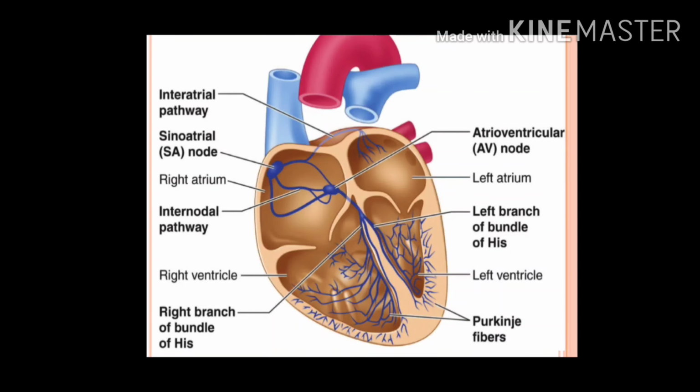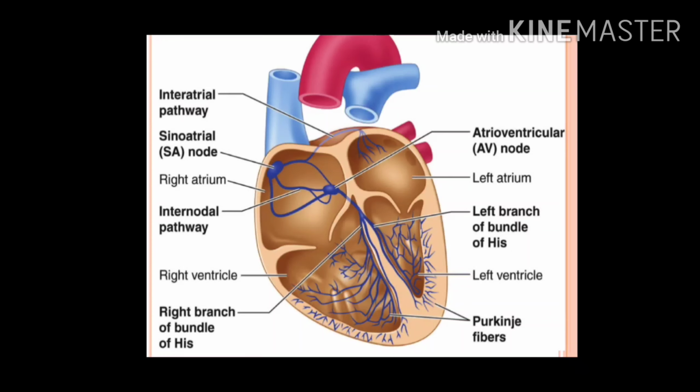So the electrical signal is developed from here, and it travels from here downward through AV node, then to this bundle of cells which we call Purkinje fibers or bundle of His. And you can see there is another branch going to the left atria.